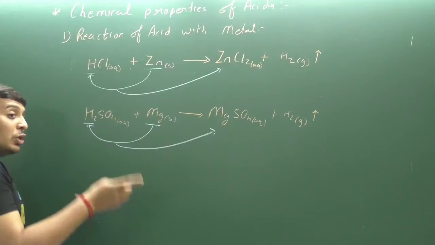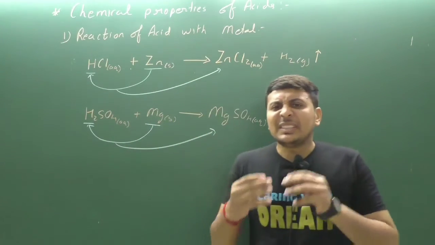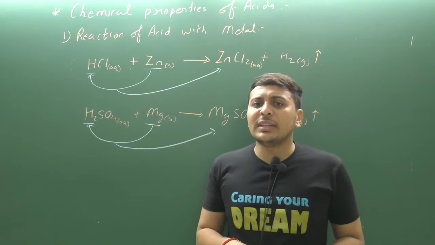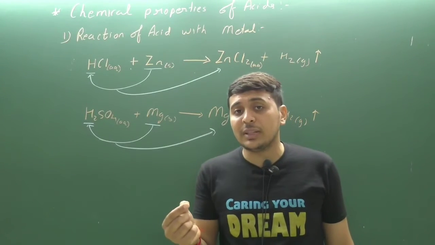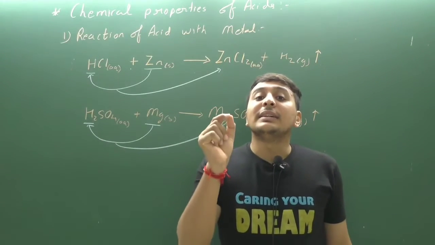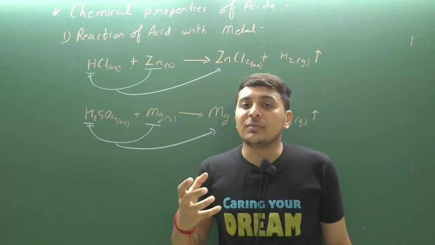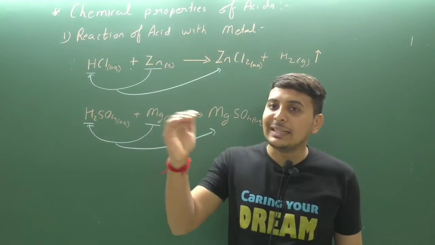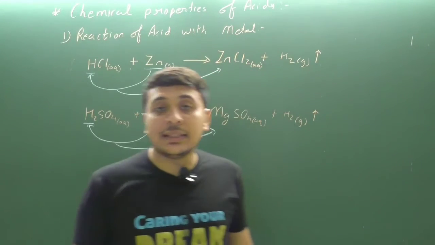But most of the metals are more reactive than hydrogen. Then which are the metals that are less reactive than hydrogen? Silver, gold, platinum and mercury are less reactive as compared to hydrogen.